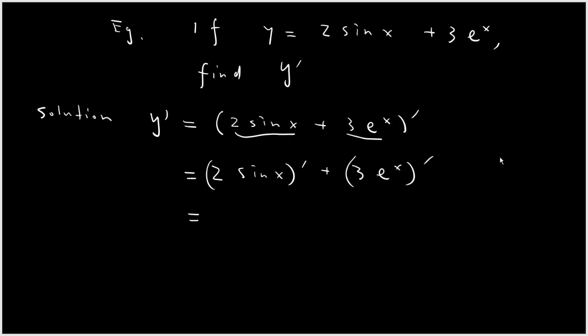So the first term will become 2 times the derivative of sine of x. And then the second term becomes 3 times the derivative of e to the power of x.